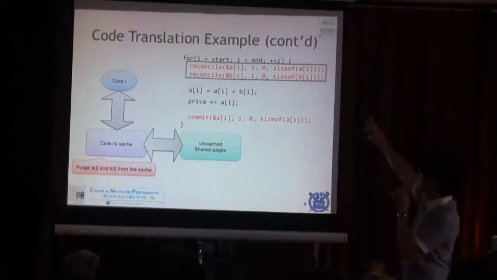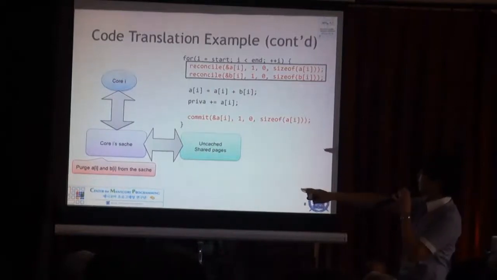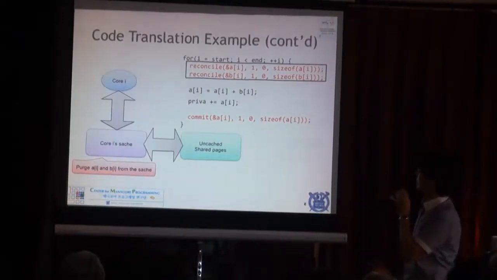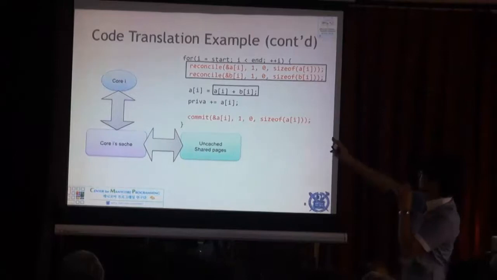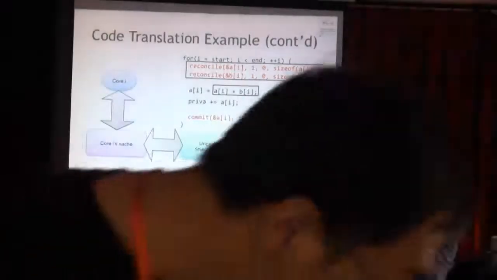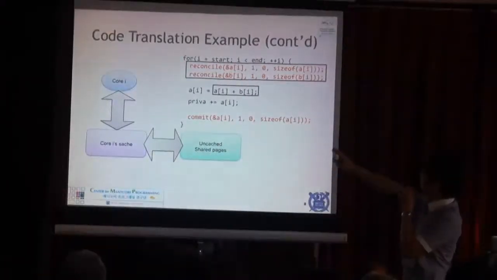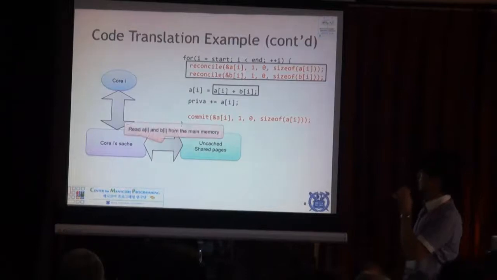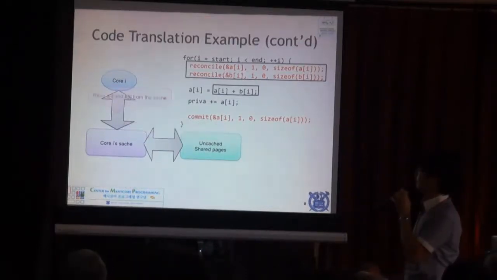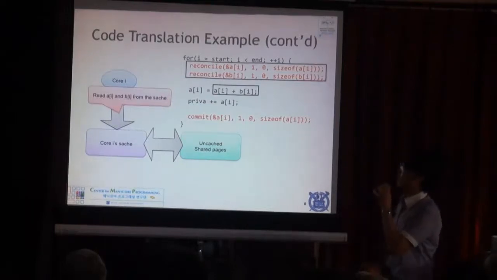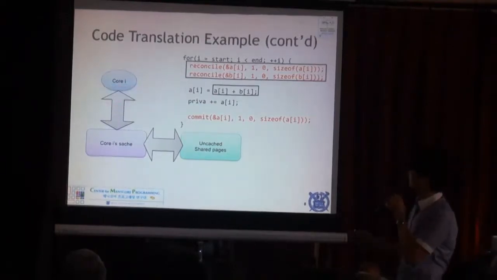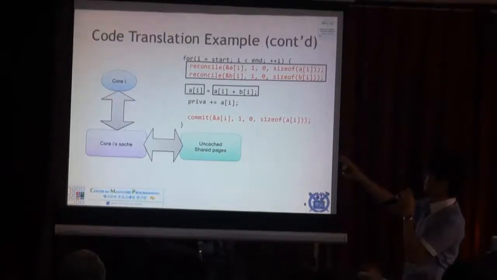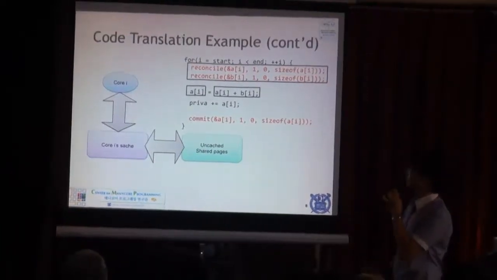First, these two reconcile operations purge A[i] and B[i] from the sache. And then A[i] and B[i] are loaded. Since they are not in the sache, we need to bring the data from the main memory to the sache. And then the core can read A[i] and B[i] from the sache. The values are added and the result is written back to A[i].